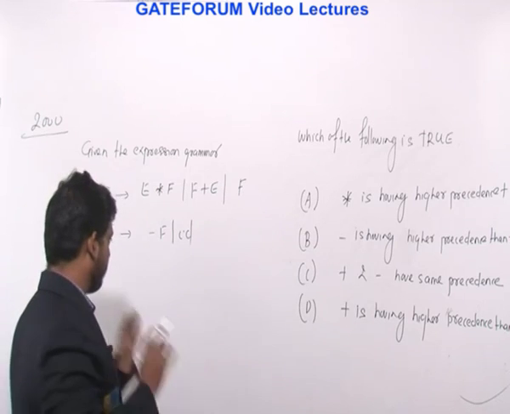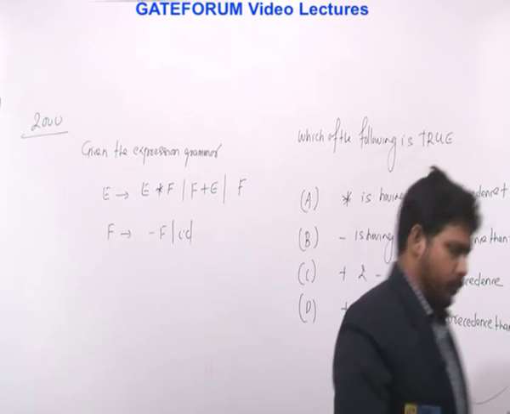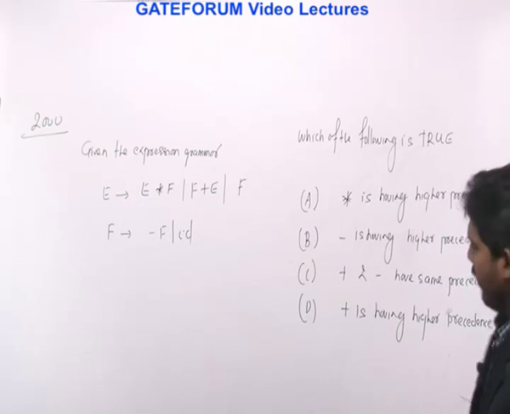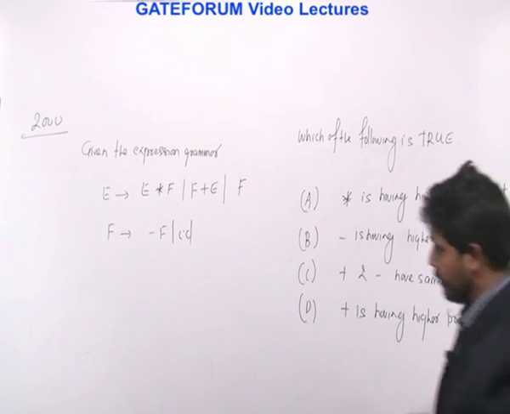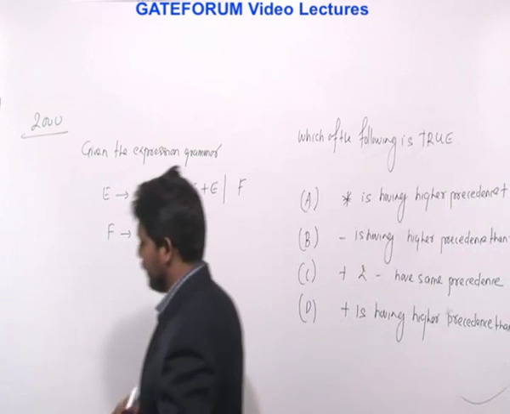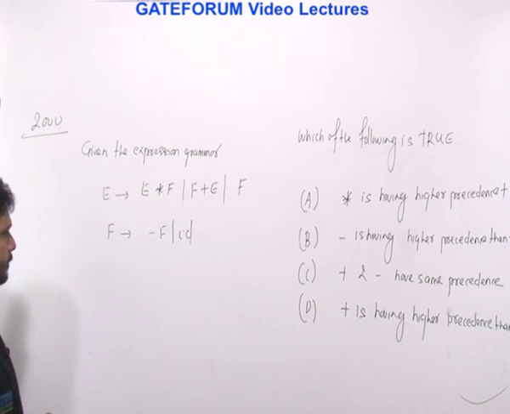Now you know the lengthy method. If I want to comment about star and plus, then I have to take a string of star and plus, and then I have to see who is getting evaluated. The problem is the star and plus are on the same level. I will show this situation to you.